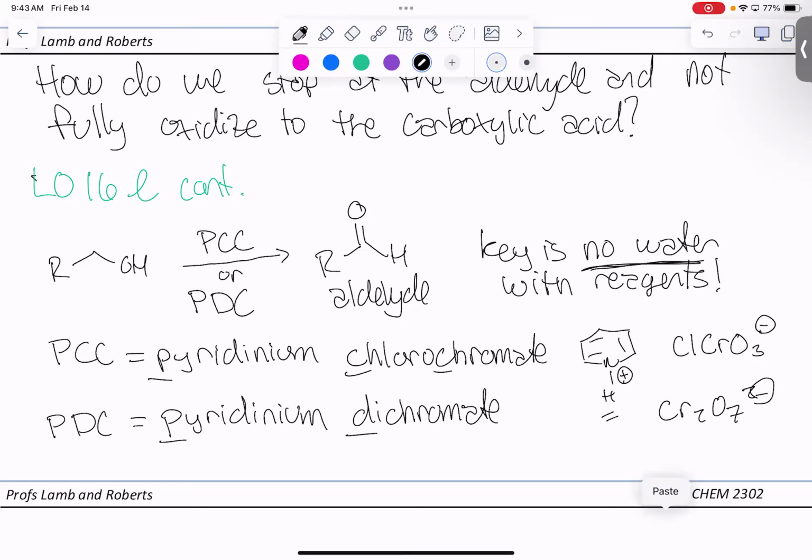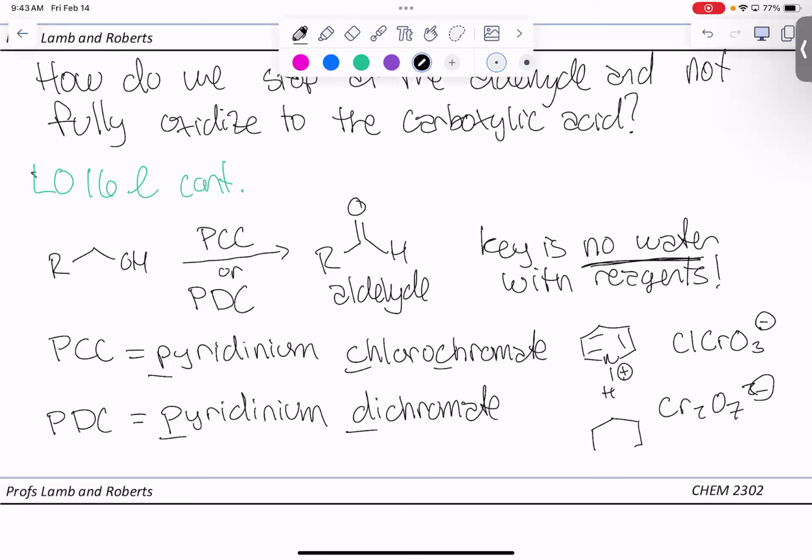So we need two equivalents. Let me draw out your pyridinium. We need two equivalents of this to balance that out. And again, no water in these reactions.